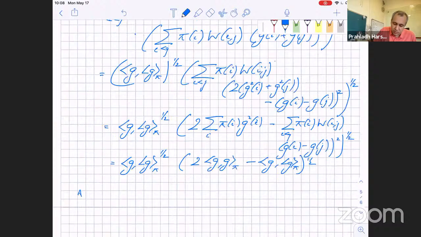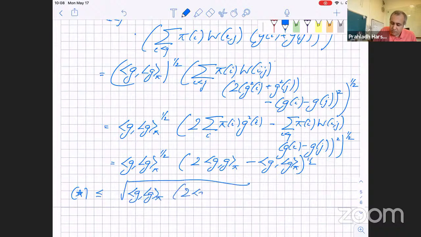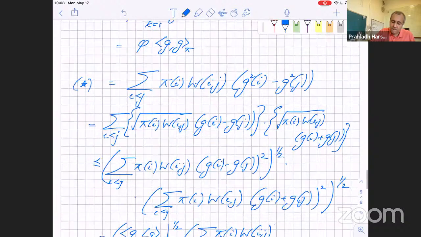What have we shown? We have shown star is less than or equal to square root of gLg pi times 2 gg pi minus gLg. So this is say 2 and this was 1.